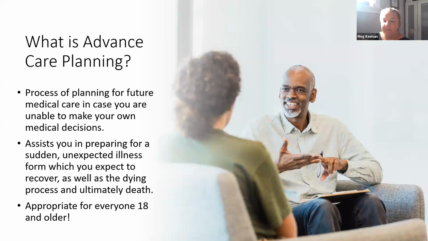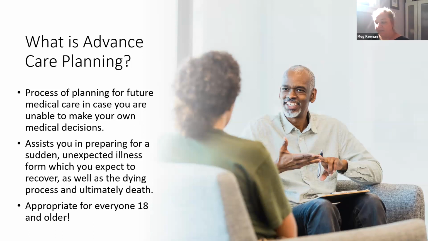The advanced care planning process is for everyone 18 and older. It looks like probably everybody on this call is over the age of 18, but if you think of your kids or your grandkids, this would be appropriate for them too. We call it advanced care planning because it's planning for something in advance, and it's outside of just the end-of-life care realm.